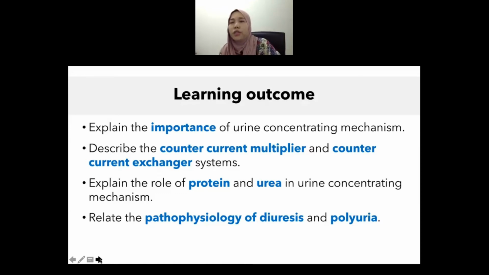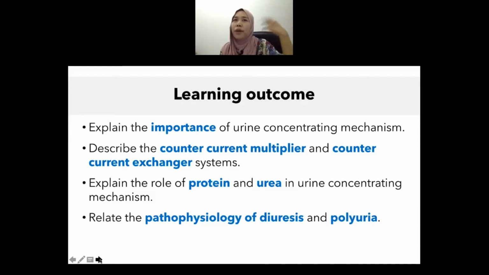Concentrated or diluted urine are parameters that let you know how your kidney is doing its work. When we talk about kidney and urine, of course you imagine fluid.